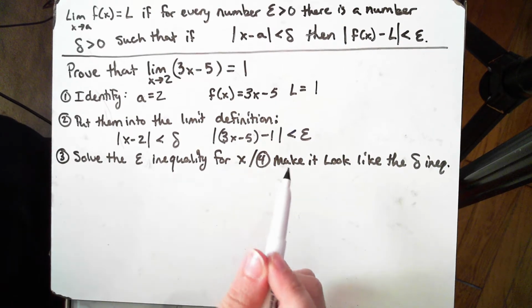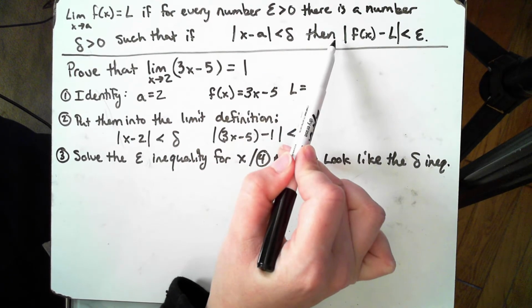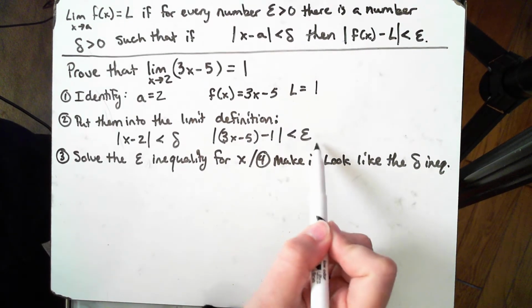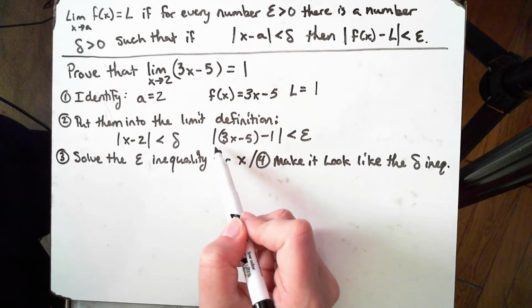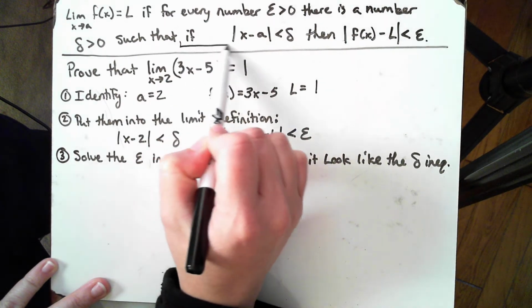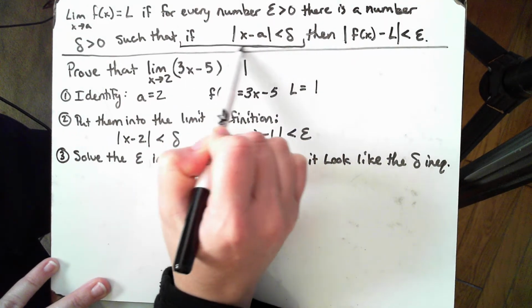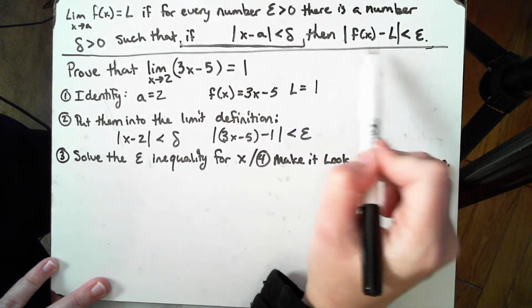We need to know delta before we can actually do this, so we're going to take this part and do some math magic with it. We have to identify delta first to make the beginning of our conditional statement true, and then we'll be able to show the ending is true.